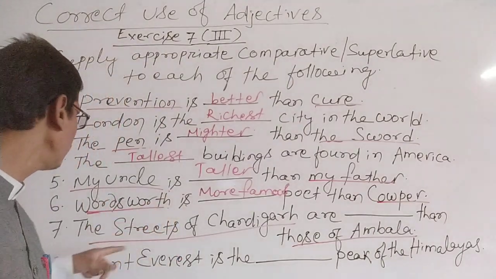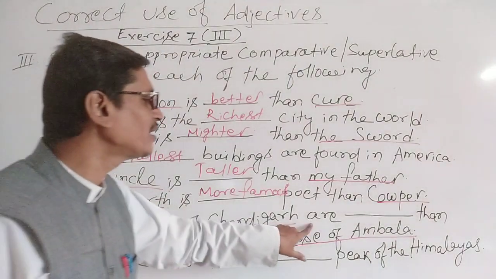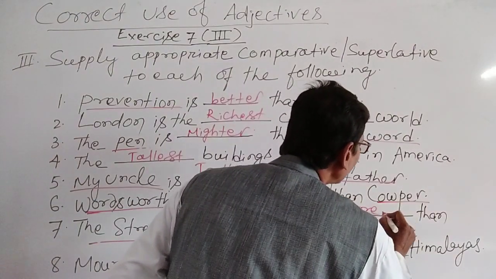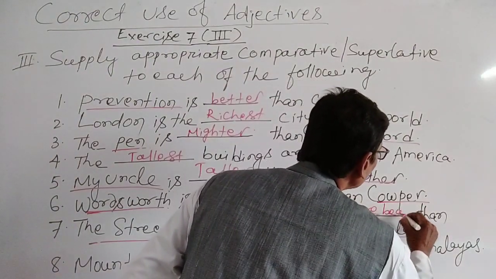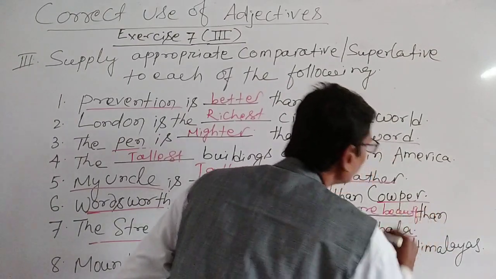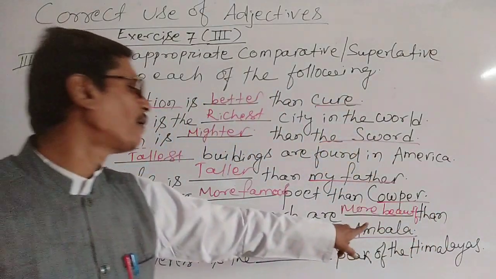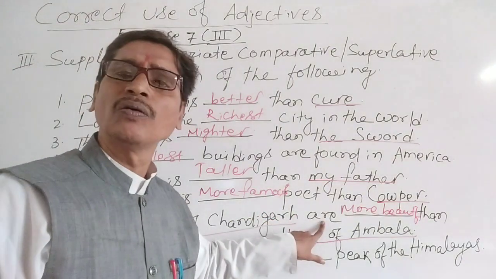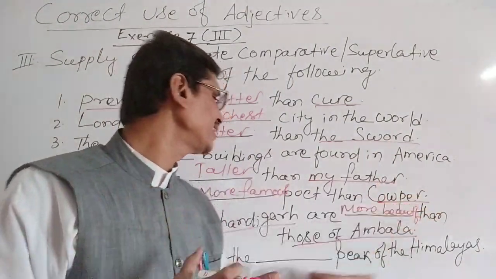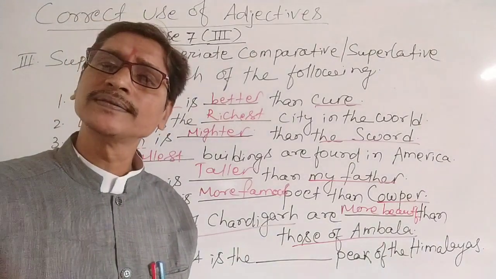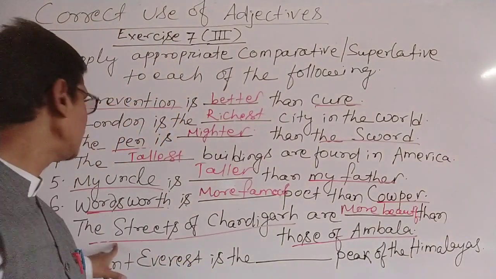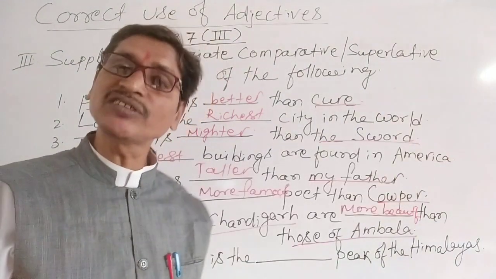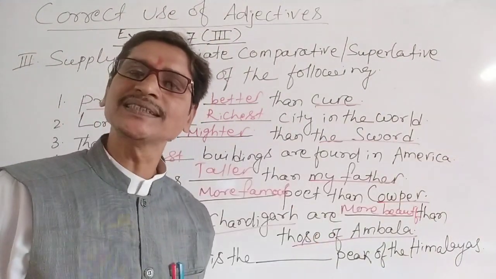So what can we do? The streets of Chandigarh are more beautiful than those of Ambala. So the streets of Chandigarh are wider than the streets of Ambala. Okay? So the streets of Chandigarh are longer than the streets of Ambala.